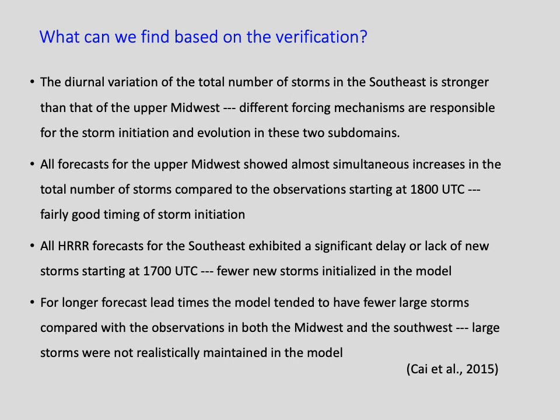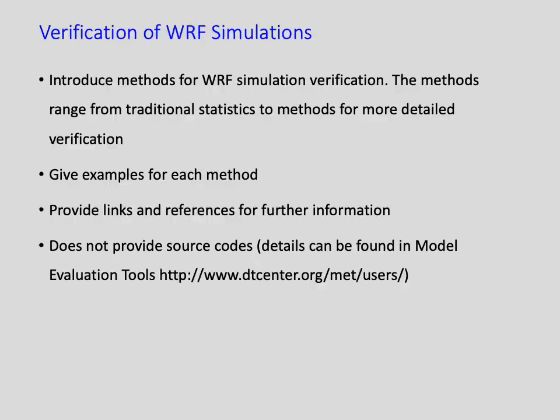Model description of such kind of physics still need to improve. We also need to figure out why the model failed to maintain large-size storms in its simulation. This is a good example of what we can learn from the verification.